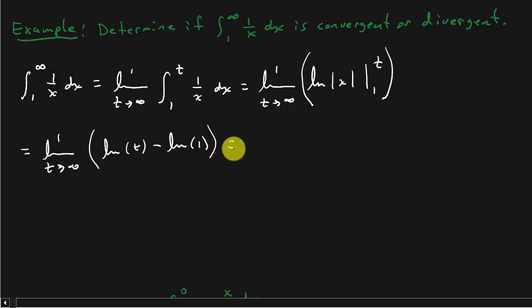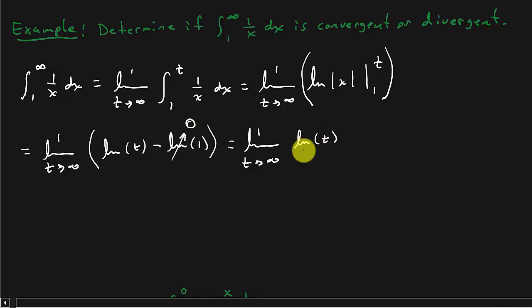So let's take the limit as t goes to infinity. To make it a little easier, this is equal to the limit as t goes to infinity of just natural log t, because this natural log of 1 goes to 0. Remember, natural log of 1 is just 0.